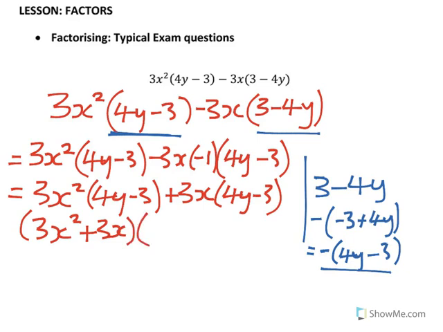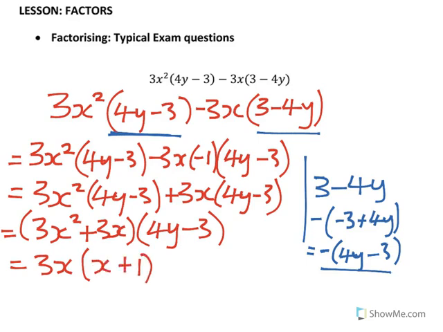That is outside the bracket. Inside the bracket, you have got 4y minus 3. You can go on to say there is something common between 3x squared and 3x. You can go on to say 3x is common in that one. So 3x into 3x squared, you will have x, plus 1, and 4y minus 3. This will become the final answer.